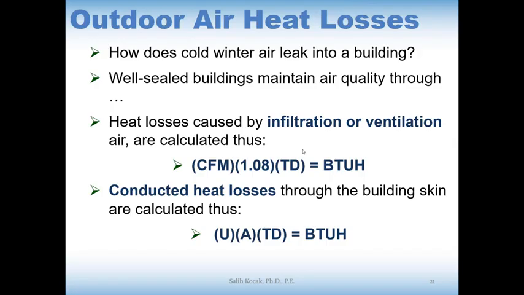U is our conductance, which is 1 over total R of the skin of the building. If it is a wall, just the different layers of the wall material. So we are getting all the R values, total R value we are calculating. 1 over R value is the conductance value, which is U, times the area times the temperature difference in and out.